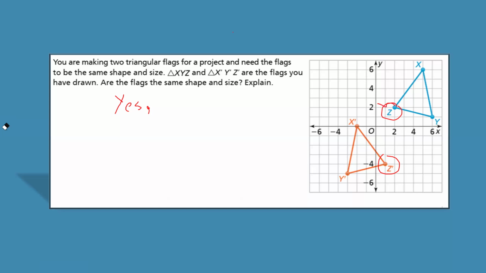Here, 1, 2, and my shape becomes here. Here, X prime, and this one, Z prime. No need to draw the whole triangle, don't confuse yourself. Only 2 points. So I agree the first step is reflect.